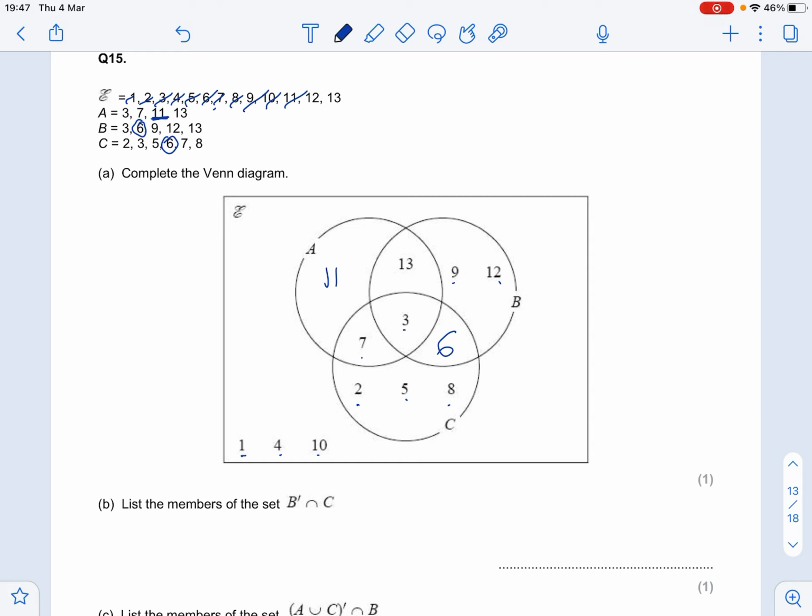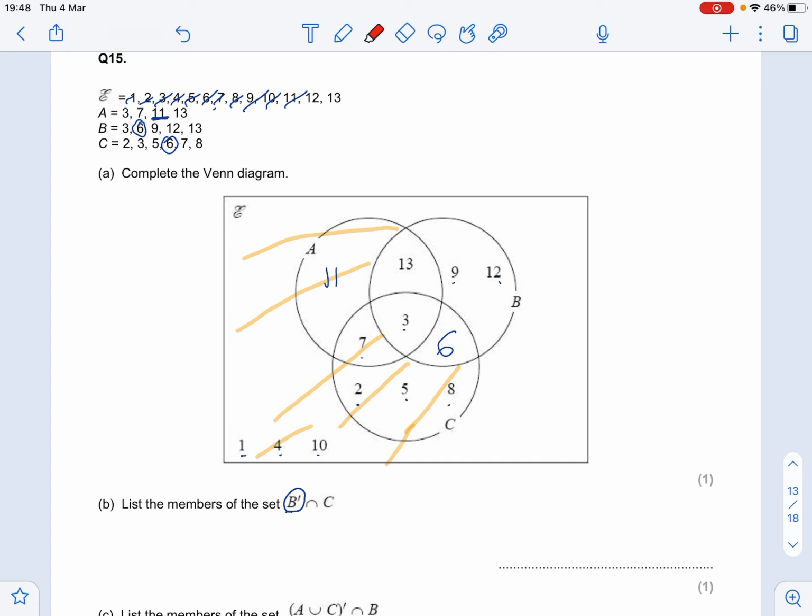Then part B, I'm asked to list the numbers of the set B complement. So B complement means what's not in B. So I'm just going to shade in what's not in B. So all those numbers here are not in B. Then what's in C?